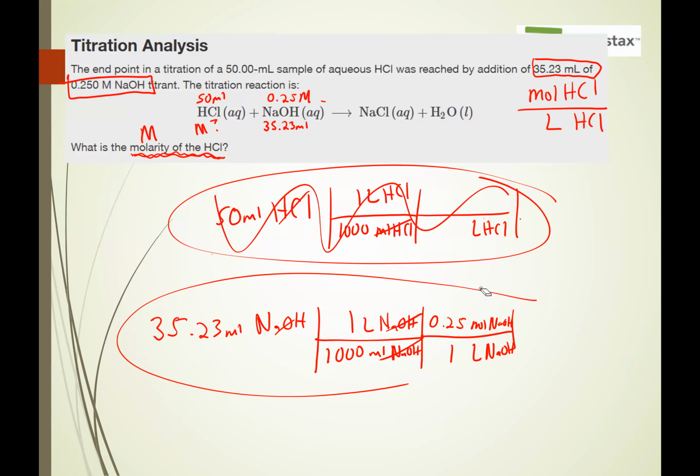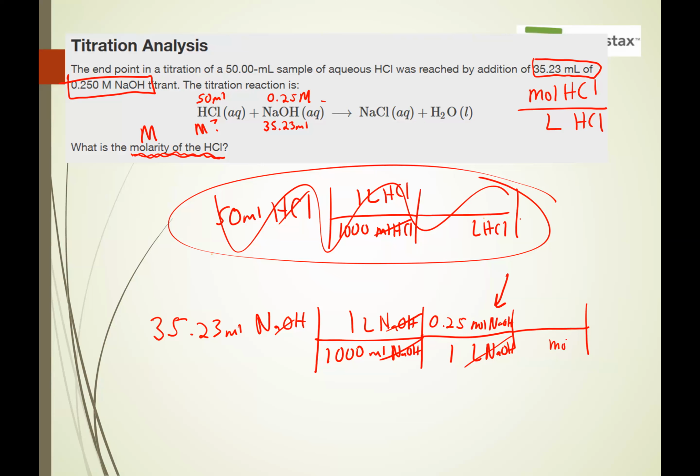Okay. We're trying to get to molarity of HCl, right? Well, right now we have moles of NaOH. Let's say we don't know what to do, but I want to put moles of NaOH here.